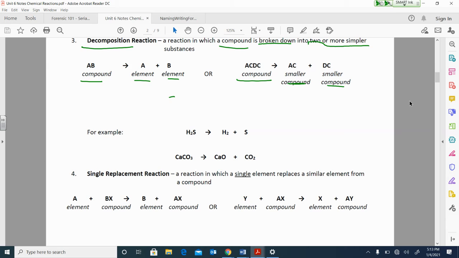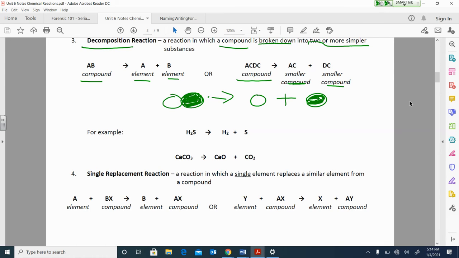So if I was going to draw the opposite of our previous picture, it'd be like I had that compound, they were bonded together, some kind of energy made them decompose, made them split, go through a chemical reaction that separated them back into their individual parts, like that.